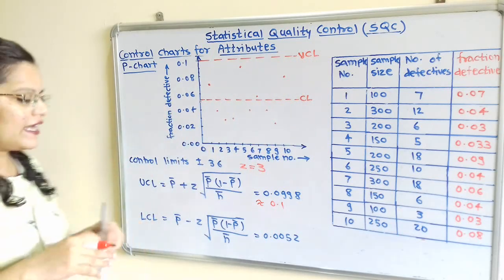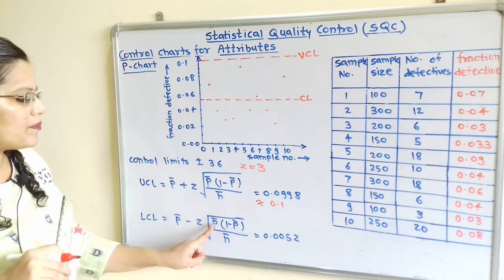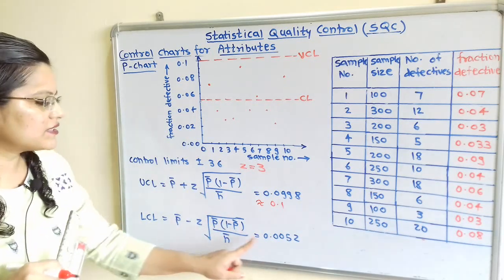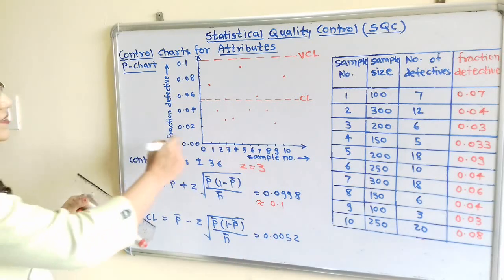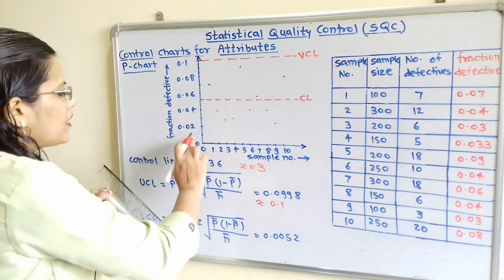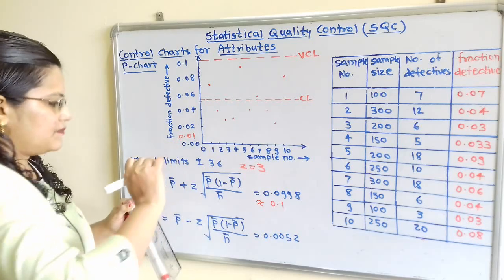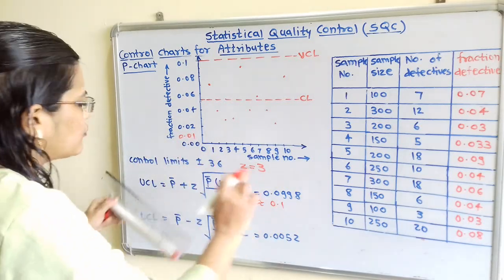Now we move to the lower control limit, p bar minus z under root of p bar (1 minus p bar) by n bar. When we solve this, we get 0.0052. Here is 0.00 and here is 0.01, and in between these there is 0.0052.